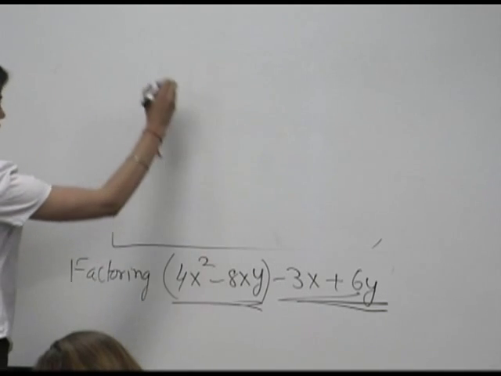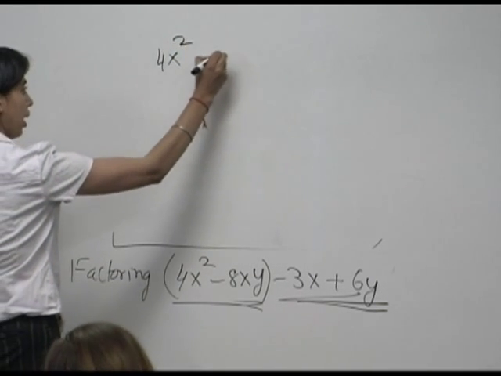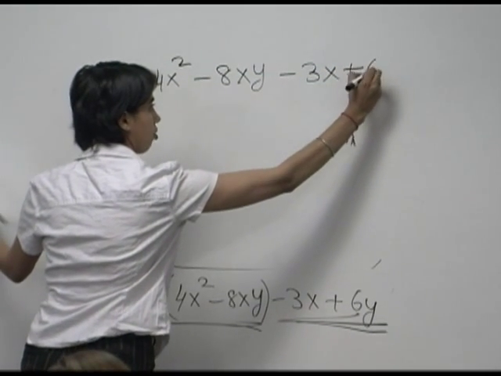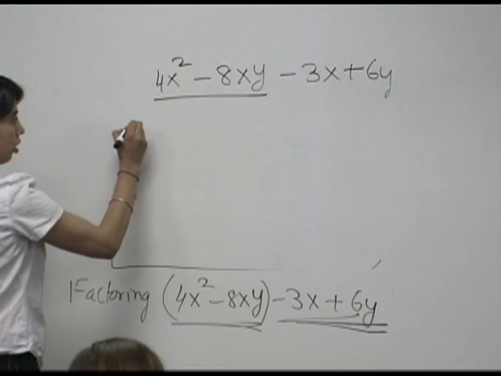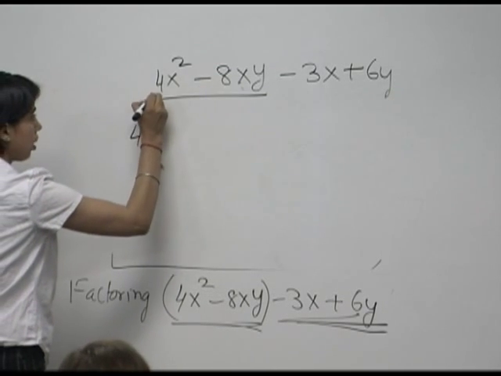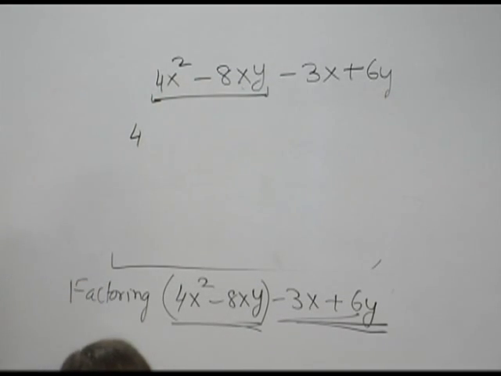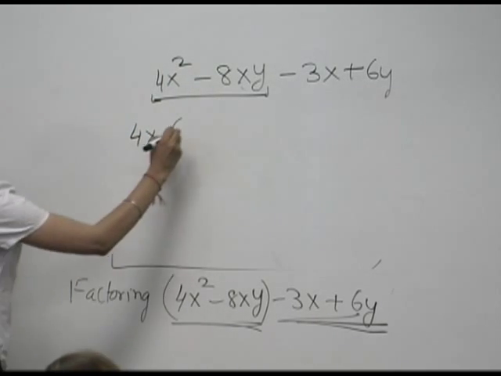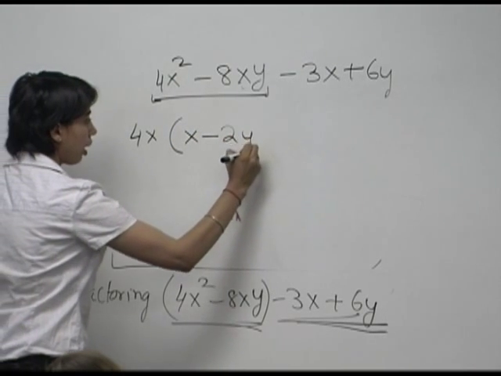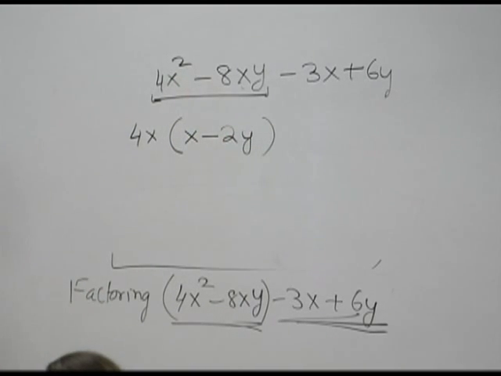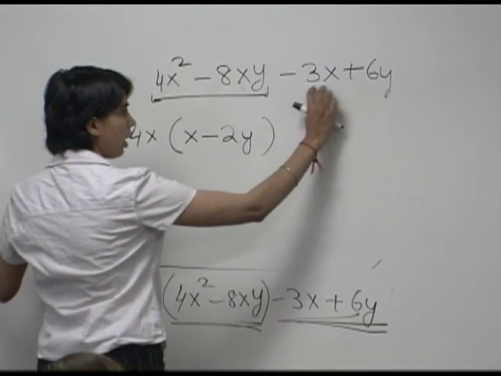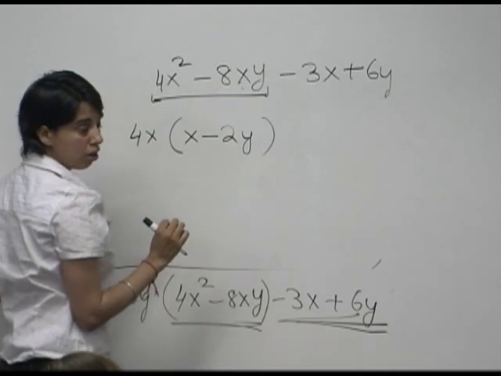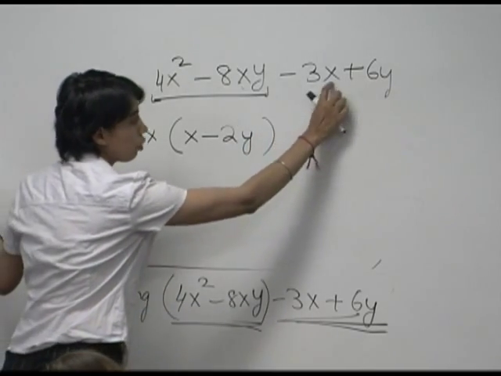All right, so in this case you have 4x squared minus 8xy minus 3x plus 6y. If I pull out 4 common, what else can I pull out common from these two? X. If I pull out 4x common, what am I left with? X minus 2y. Is everyone okay with that? All right, what can I pull out common from here? To get x here, I need a positive x, but it's a negative 3x.